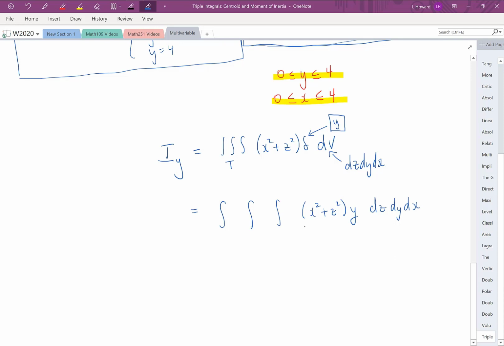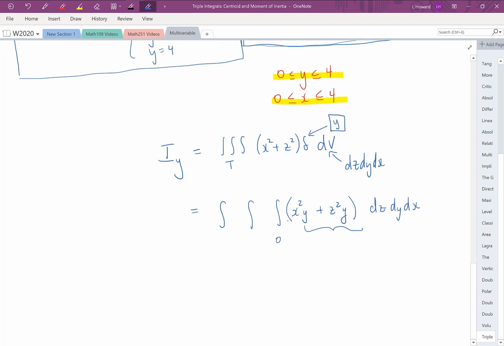Since we're going to be integrating with respect to z first, I would suggest it might be better to actually multiply out that integrand. Well, you could go either way here, but I'm just going to choose to expand it out just so we can take the integration more step by step. Okay, so integrand x squared y plus z squared y, and then we'll just get our limits of integration on there.